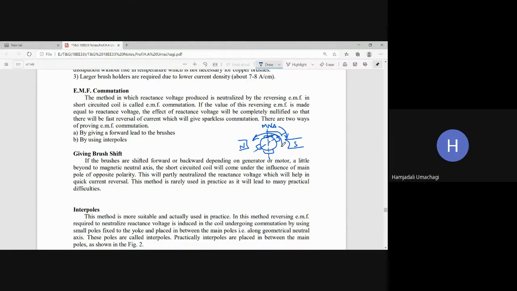Because of that, some of the voltage automatically gets reversed. If a coil has +2 volts, by the time it comes under the influence of the south pole, the polarity changes from +2 to -2. So the voltage gets nullified on its own. Do you agree? Yes, sir.